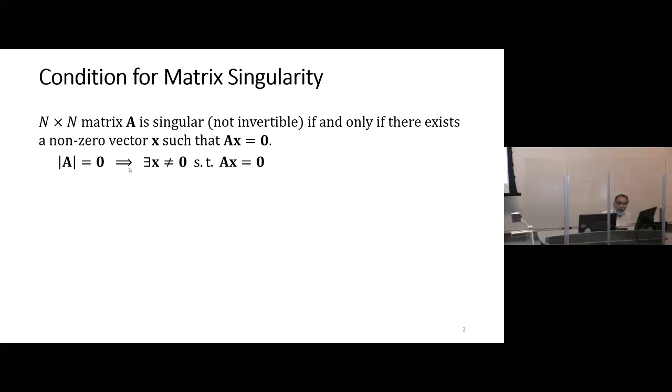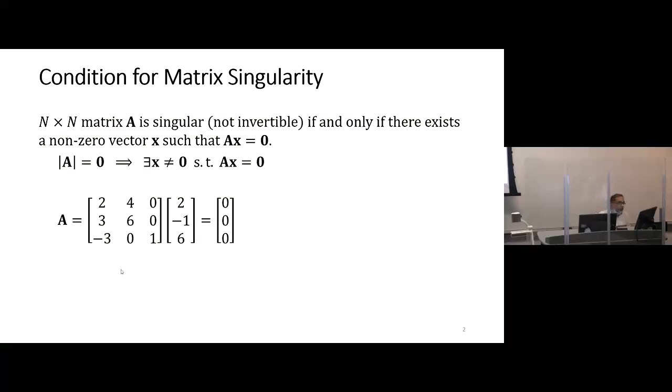And this is, of course, implies. For instance, this is a matrix A, and this matrix A times 2, negative 1, 6 equals all zeros. And the determinant of this matrix is, in fact, 0. It is a singular matrix. It's not a full rank matrix, in other words.